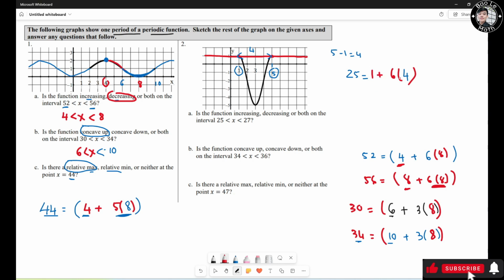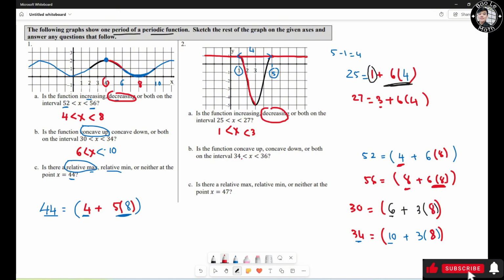Now I need to ignore the 6 times 4, I don't care about this guy. So 25 is the same thing as 1, so I put 1 right here, less than x. Now 27 is going to be 3 plus 6 times 4, so it could be 3 right here. So less than 3. Right, so from 1 to 3, it's going to be this guy right here. Alright, the function is decreasing.